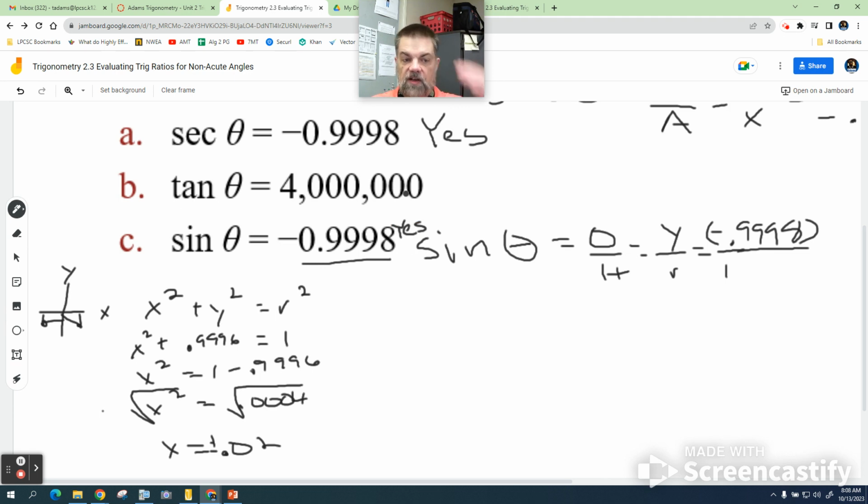Now, tangent of theta of 4 million, that one's a little trickier, because remember, tangent of theta is equal to the opposite over the adjacent, which is technically y over x in the xy plane. And so can I have a ratio between these two that is 4 million?